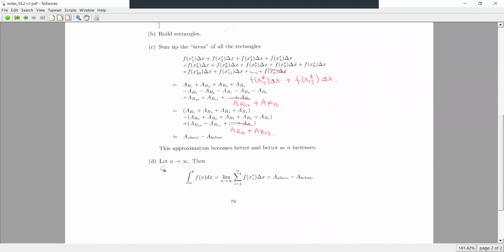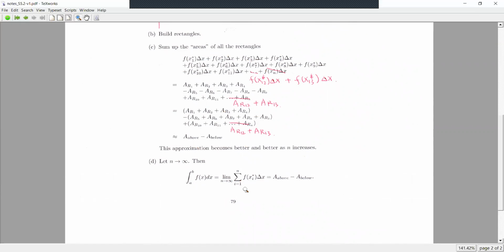So when we let n, the number of rectangles, approach infinity, the limit of this sum is equal to the total area above the x-axis minus the total area below the x-axis.